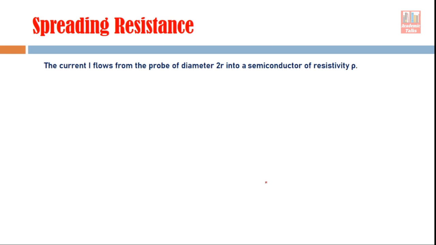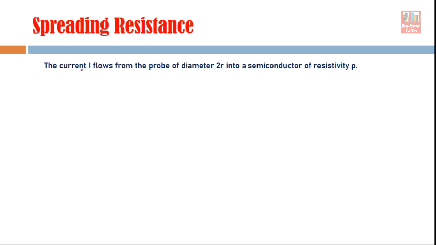Now before going further, we must understand, at least theoretically, on which factors the spreading resistance depends, or what can be a theoretical formula that we can put into that equation to have a more detailed understanding about the spreading resistance. So for that we will see now that when a probe touches a semiconductor, how we can theoretically calculate its spreading resistance, or how we can estimate the spreading resistance.